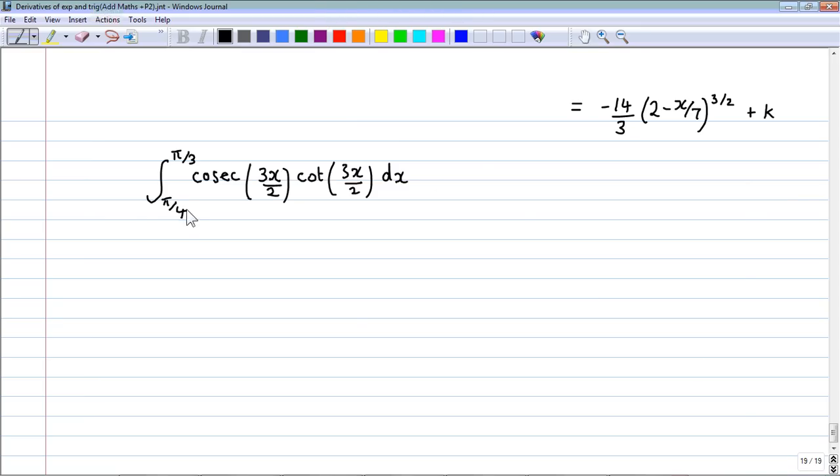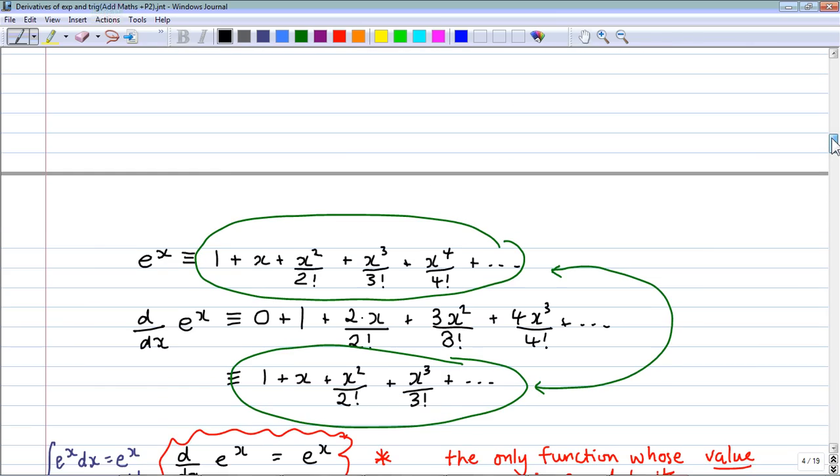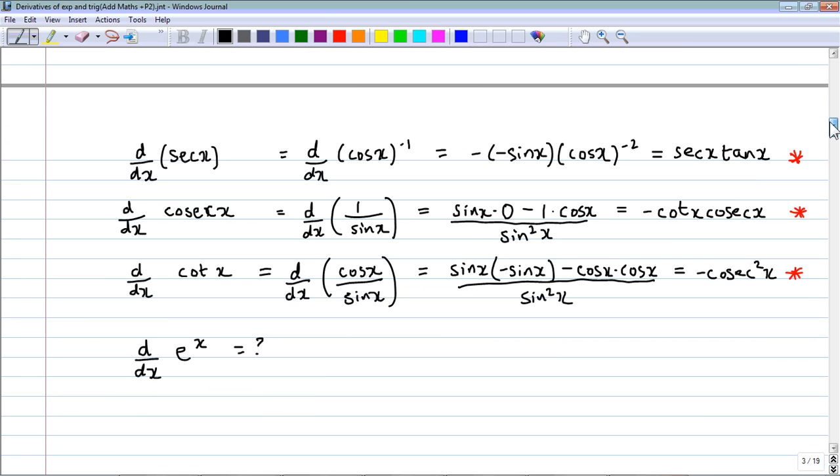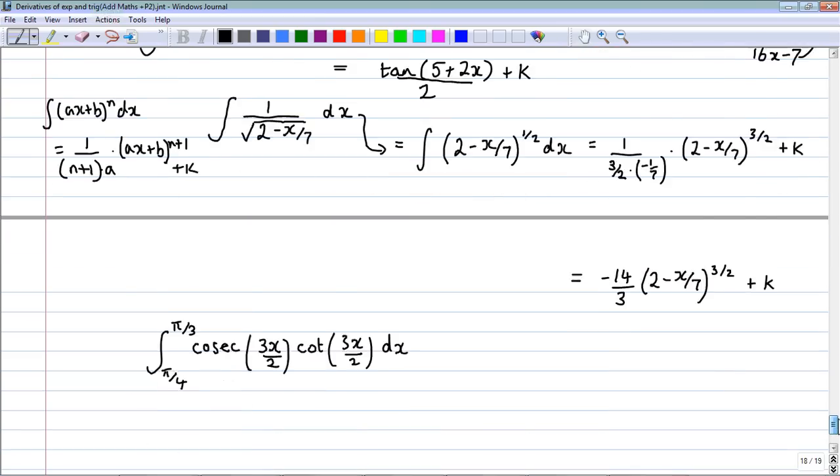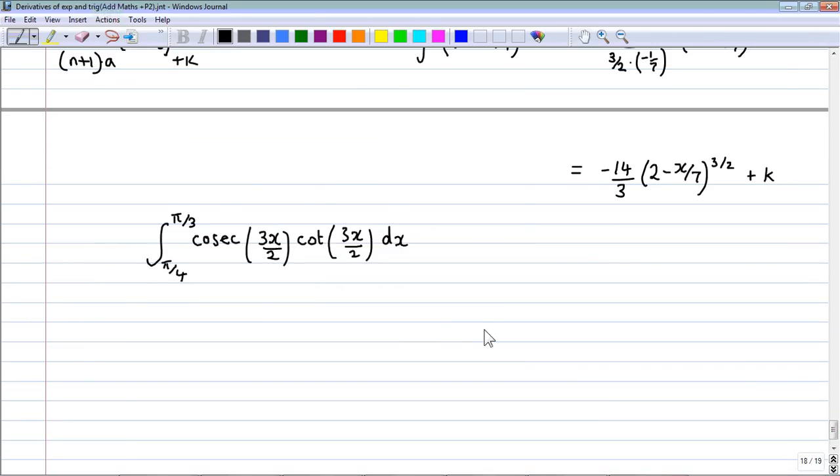If you've got a good memory, you might recognize this was one of the results we determined earlier on up here. Cosec x cot x was the derivative of cosec x. So here the inside function 3x over 2 is linear. It's of the form ax plus b, with a equals 3 over 2 and b is 0. So we can apply the same principle.